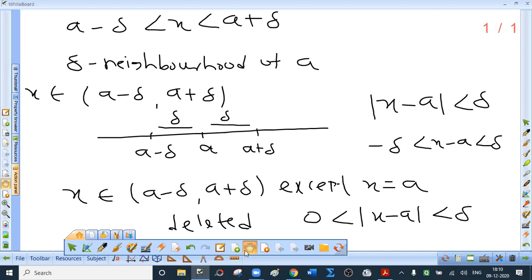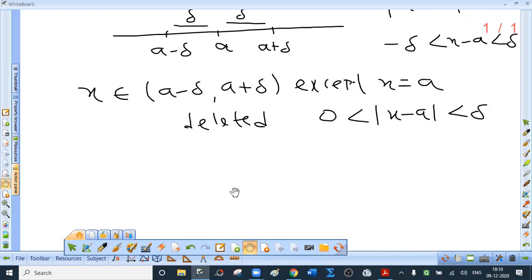In short, neighborhood of a is an open interval a minus delta, a plus delta, where delta is a very small but positive real number. Let me explain first, then if you have any difficulty, you can ask me. What is the 0.02 neighborhood of 3? Can you write that?